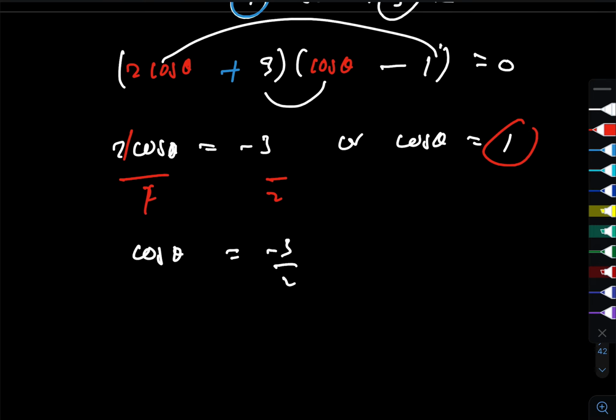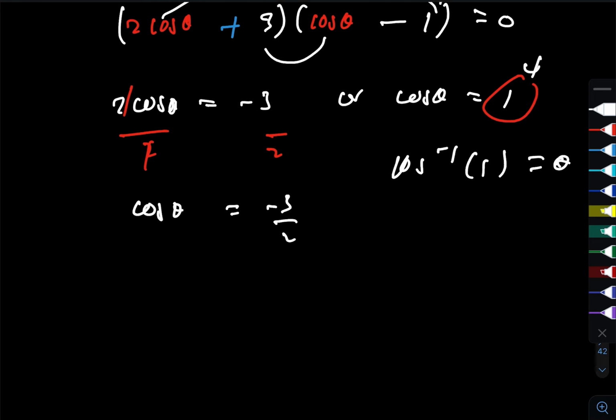So it's within the range, the interval that they want us to have. So if you punch that cosine inverse function of 1 equals theta, you won't get an undefined number, or a math error. You will get a solution. And you will get a solution for this one as well.